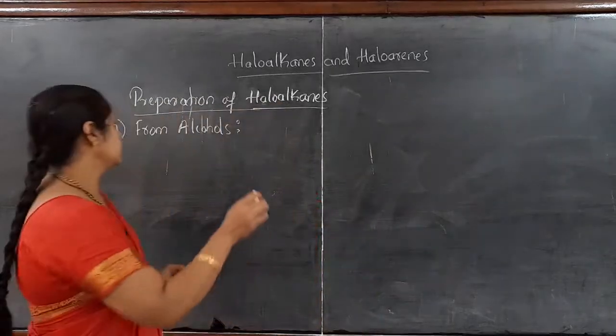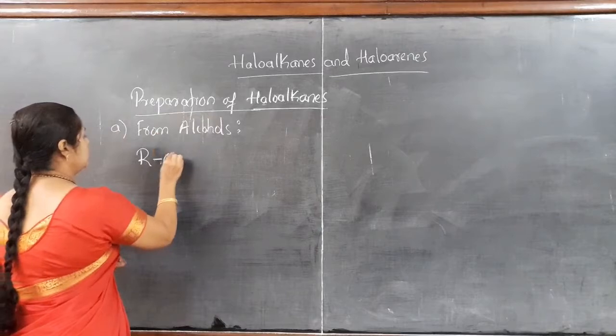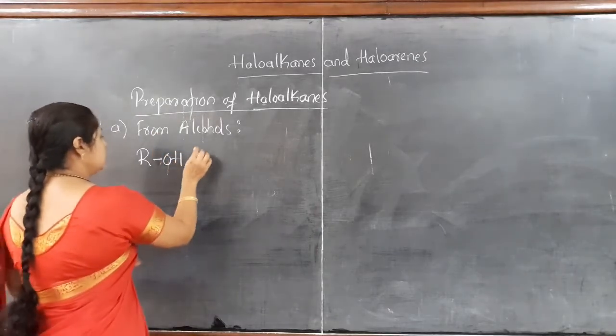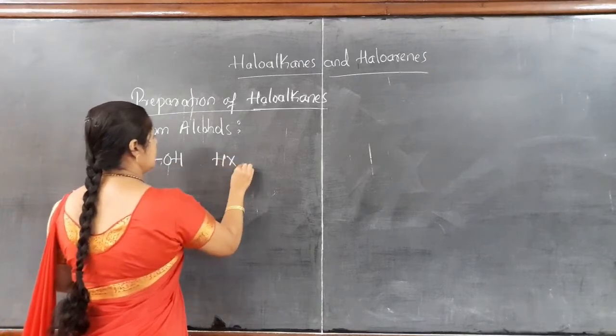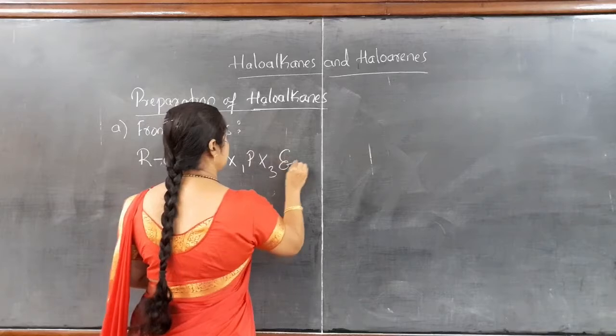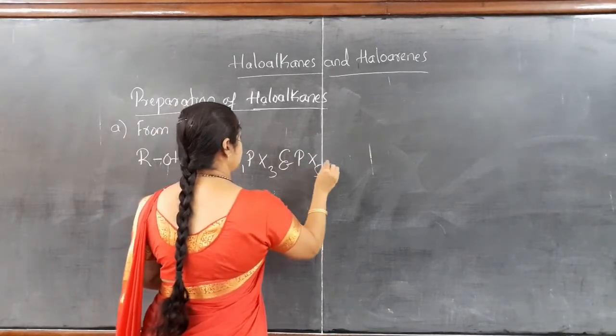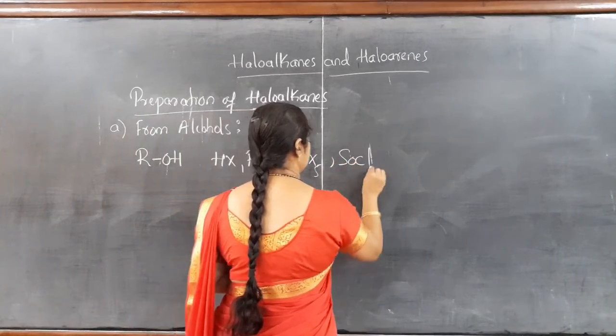So here the reaction will be between ROH and either the halogen acid, the phosphorus trihalides, the phosphorus pentahalides, or thionyl chloride.